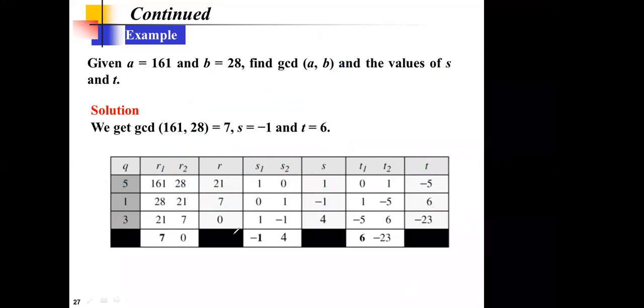ওকে, ঠিক আছে। তাহলে আমি এখানে যখন R1 পাচ্ছি, R2 এর 0 পাচ্ছি, so my GCD is 7 and it will work also.